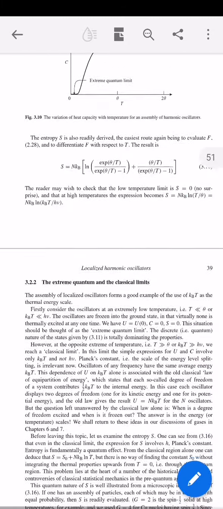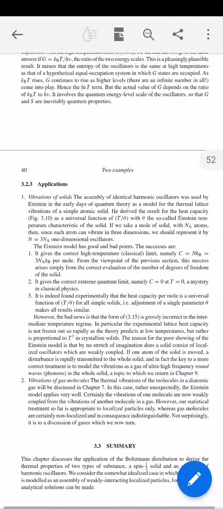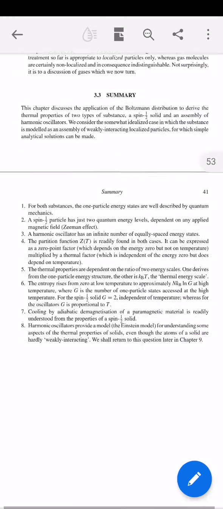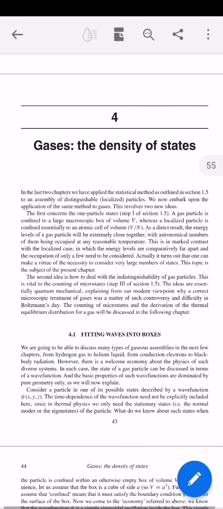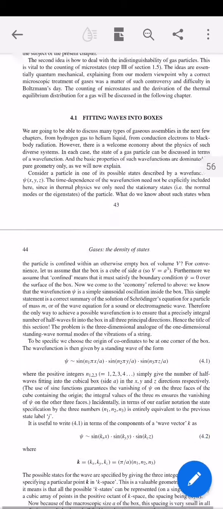Lagrange. Gases, density of states. So chapter number 4. It touches upon Huygens' wave theory principle as well.